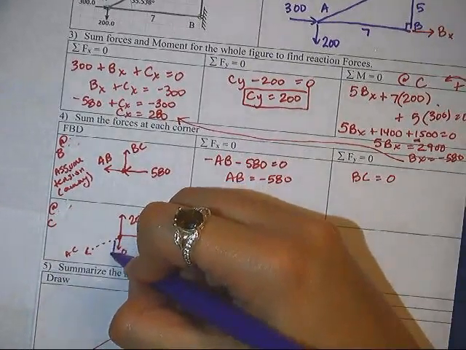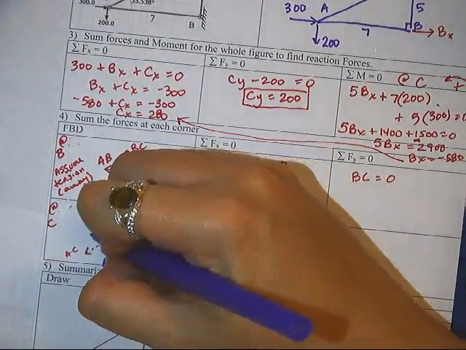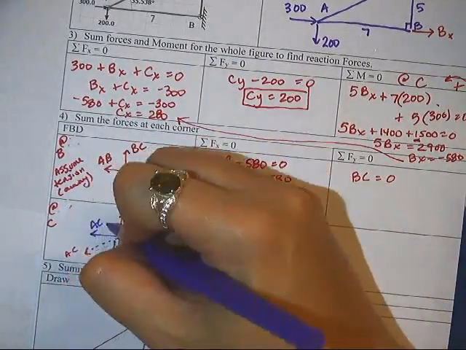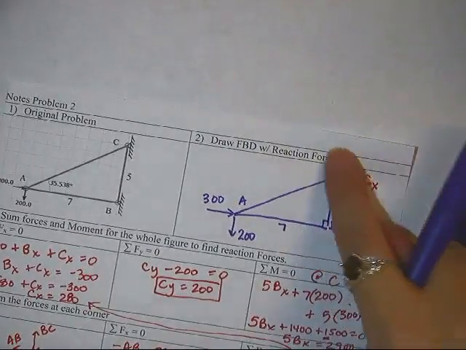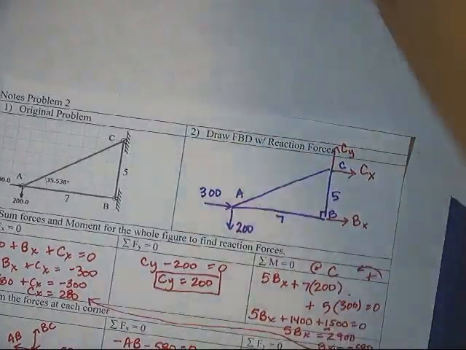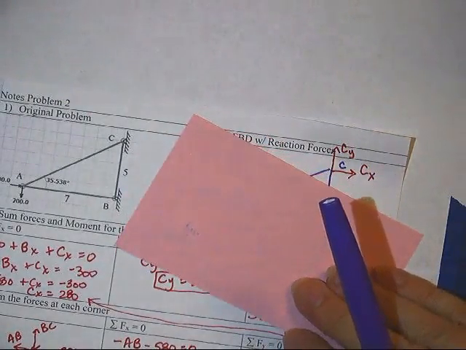So it's got this one going down, which is ACY, and it's got this one going over, which is ACX. That's all the things happening here at point C. If I'm just looking at C, those are the 4 things.